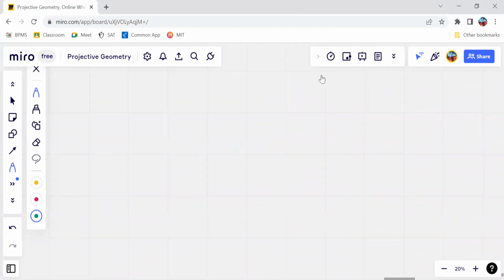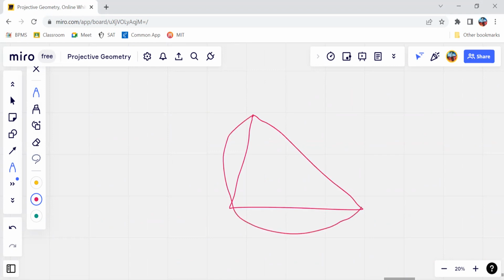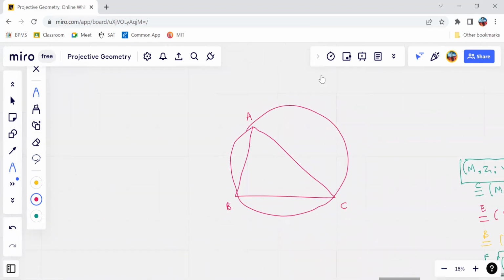So let's do some problems involving Pascal. Let's just begin with this classic one. We have triangle ABC with a circumcircle.